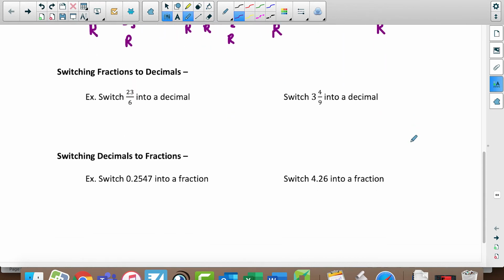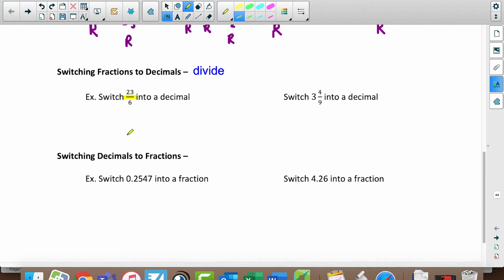Okay, a few other things you probably need to know here. These two processes are going to help us compare some rational numbers. So the first thing that would be good to do is to switch a fraction into a decimal. Do you know how to do that? It's actually pretty straightforward. You're just going to divide. So for example, if it says 23 over 6, and you want to figure what that is as a decimal, what does this line right here mean?